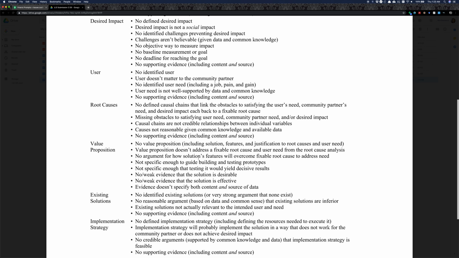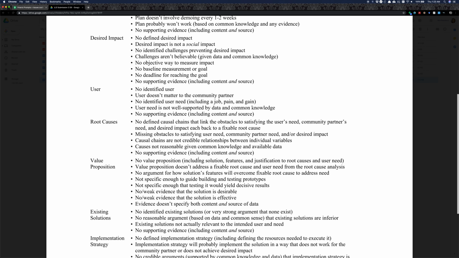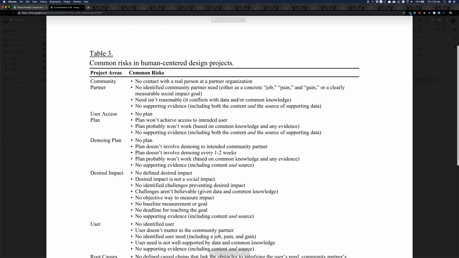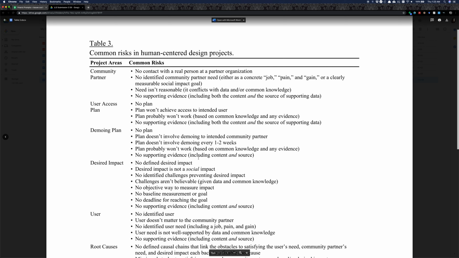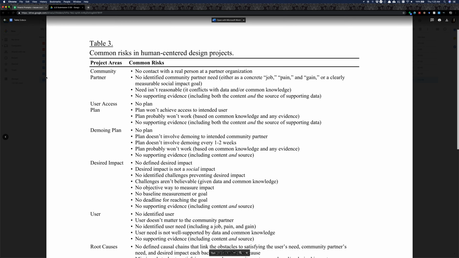So we were curious to see, if we were trying to argue for what the Polaris prompts are trying to achieve and what they are actually trying to assess, whether there was commonality between the way the prompts are designed and these types of risks that were common to students doing design work.